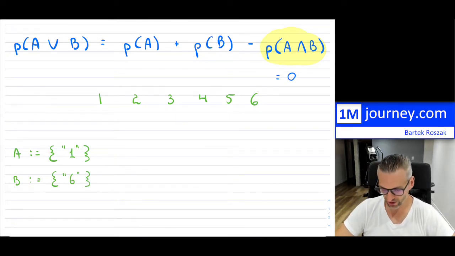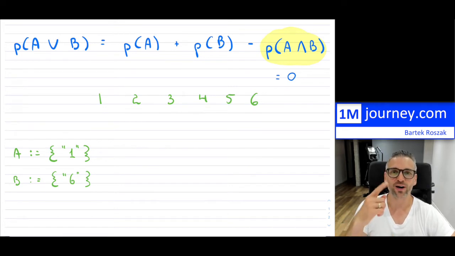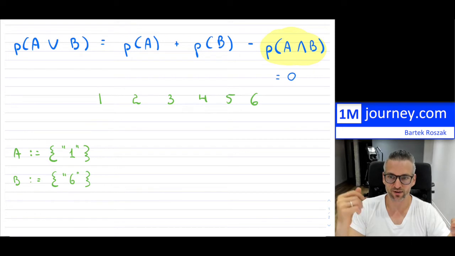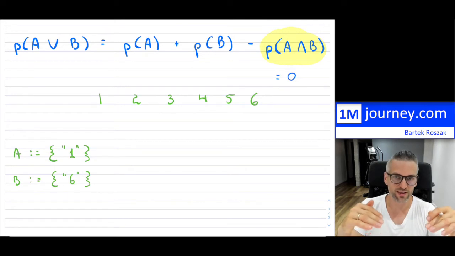Now the question is, if you roll the die one time, it is impossible for you to see a 1 and a 6 exactly at the same time. So those two events are mutually exclusive.